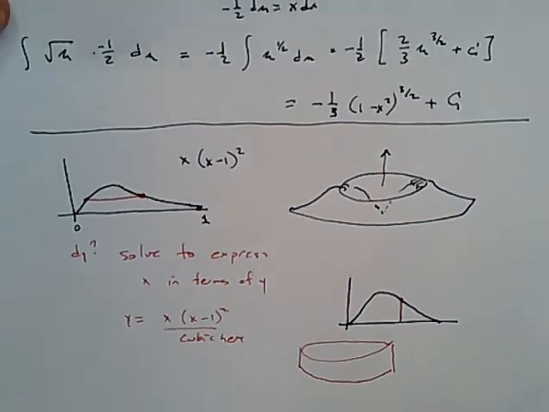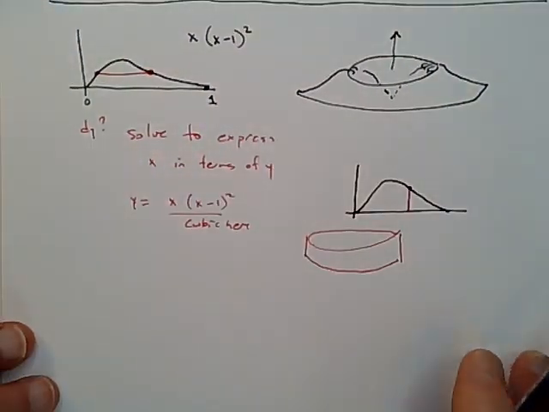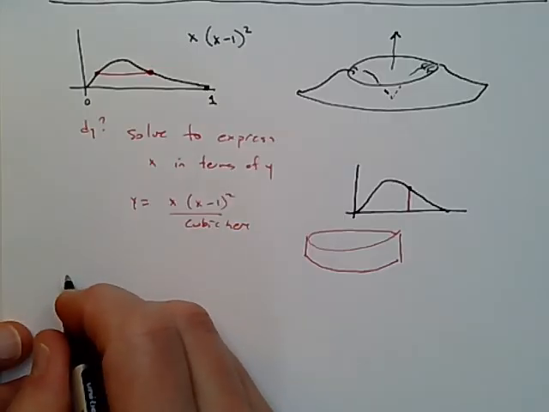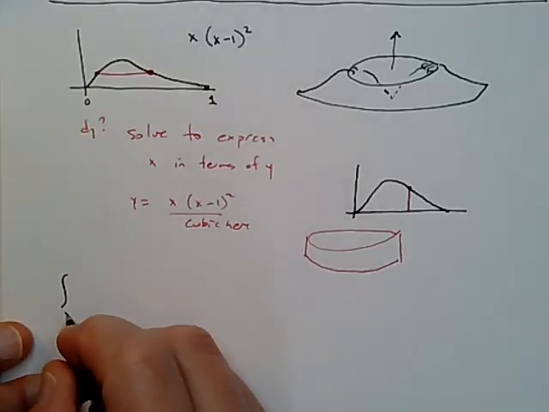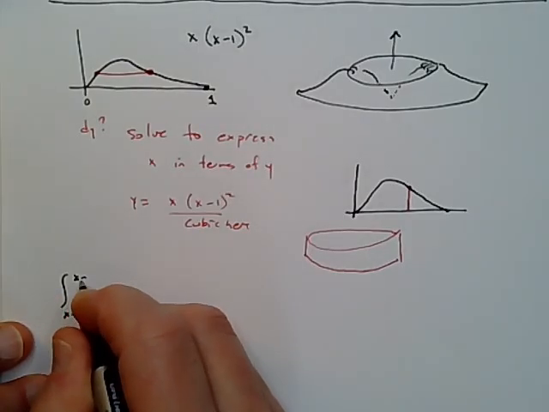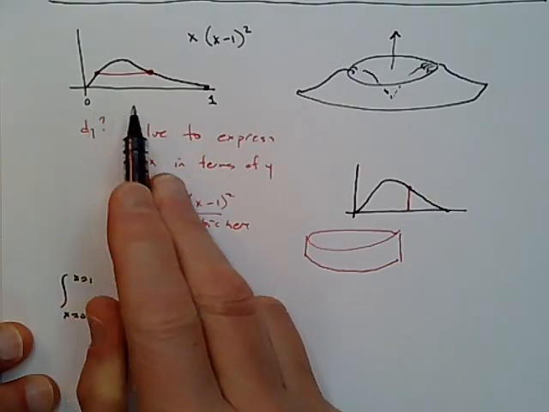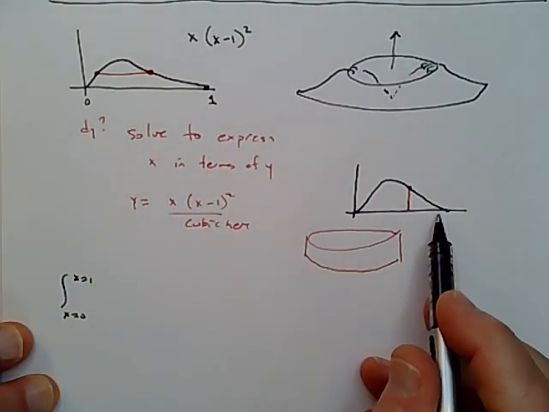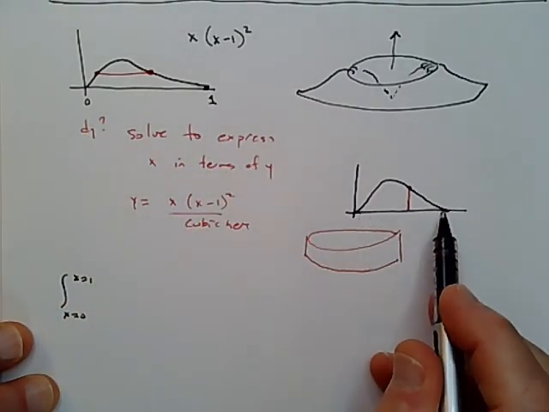I'm going to set up, but I'm not going to solve it. So I get the integral from x equals 0 to x equals 1, because that's what the picture says. The smallest such x is 0 and the largest such x is 1.